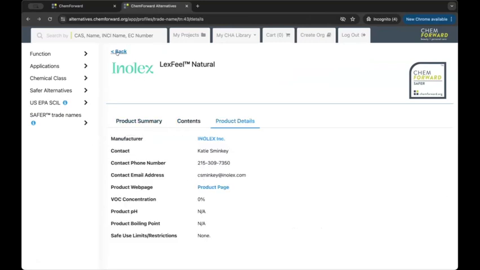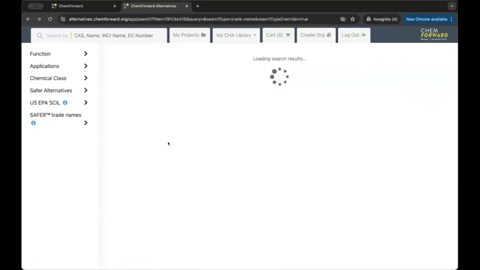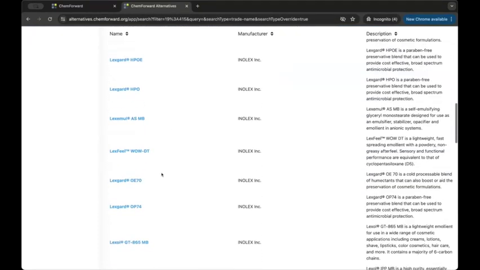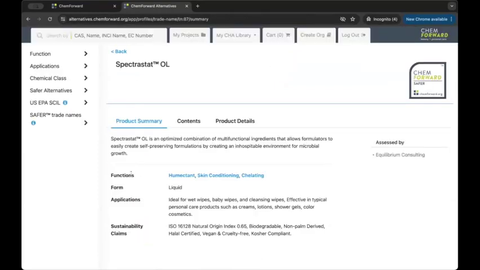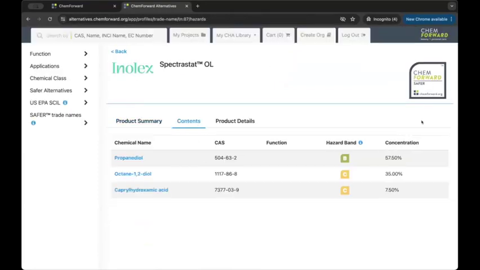But if I go back and find one with a couple more, let's try SpectraStat. And see here that this page on the contents offers information about the concentrations of specific chemicals that comprise that trade name ingredient, as well as the individual ingredient level hazard bands of each of those.